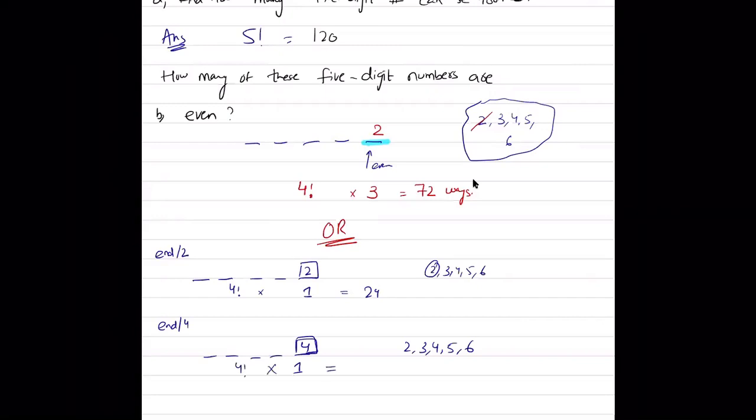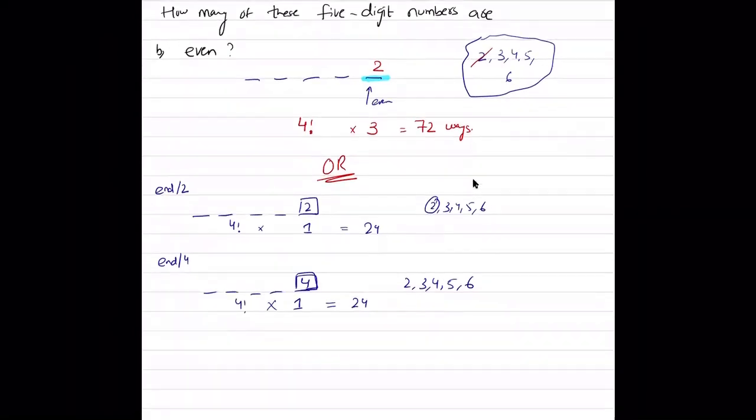So 4 factorial times 1 is again 24. Now it should end with 6. Only one option for the last position. The other 4, 2, 3, 4, and 5, are free to arrange themselves. So 4 factorial for that, again 24.